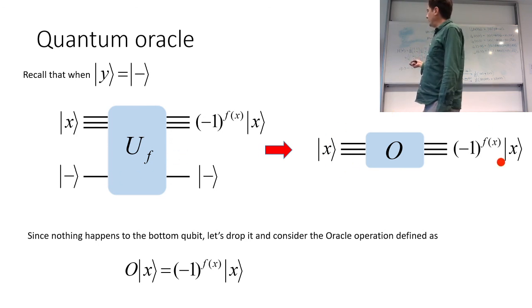It's a bit of a long story with Deutsch's and all that, but in the end all the oracle does is put a minus sign on the x's where f of x is a solution. So henceforth we can just say that this is what the oracle does.